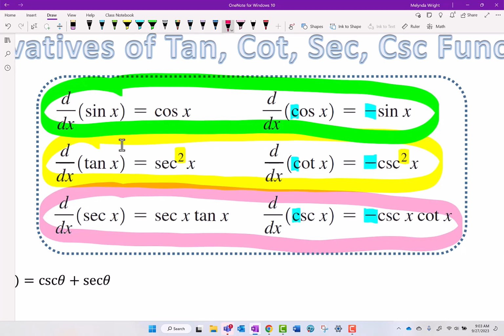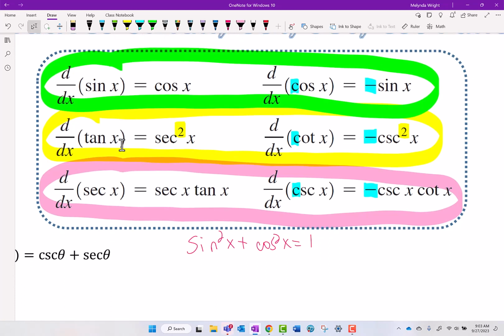So if we recall sine squared plus cosine squared is 1, recall that identity. I want to show you how much these trig functions like to travel together. Notice I have sine and cosine in the same trig identity, and I paired the sine and cosine together.